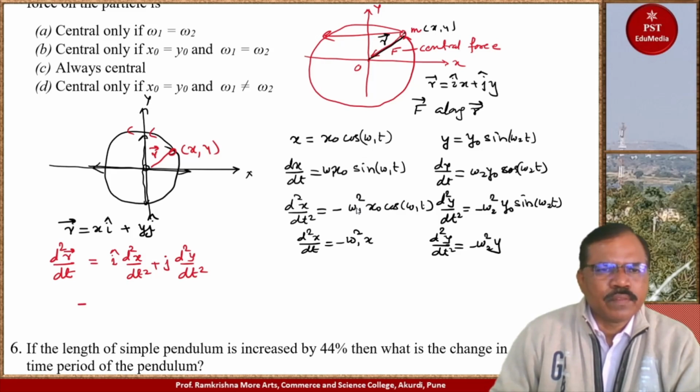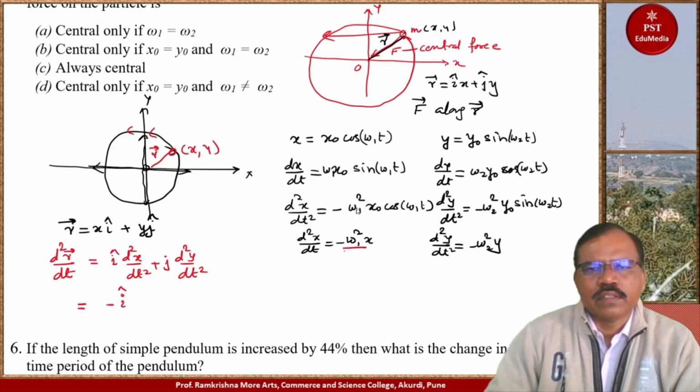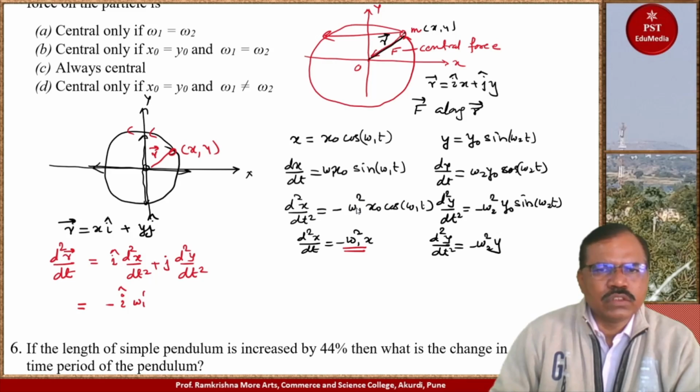Now here we can write minus i omega 1 square x minus j omega 2 square y.